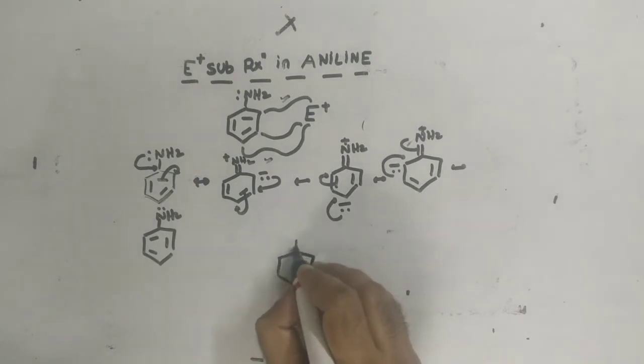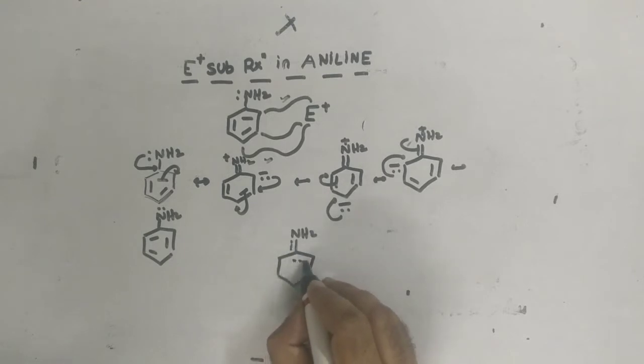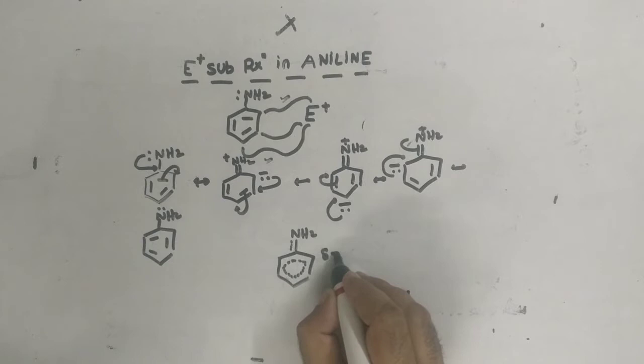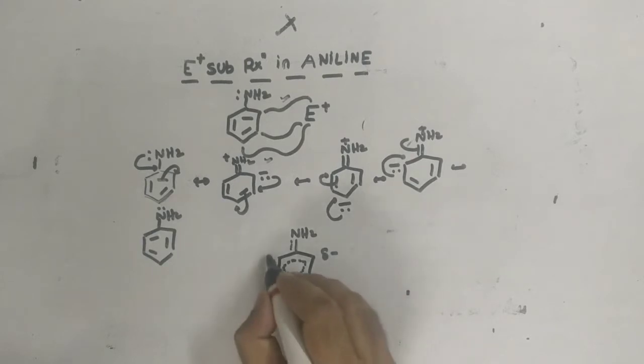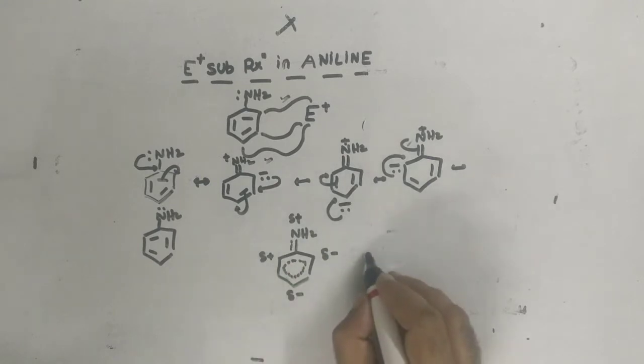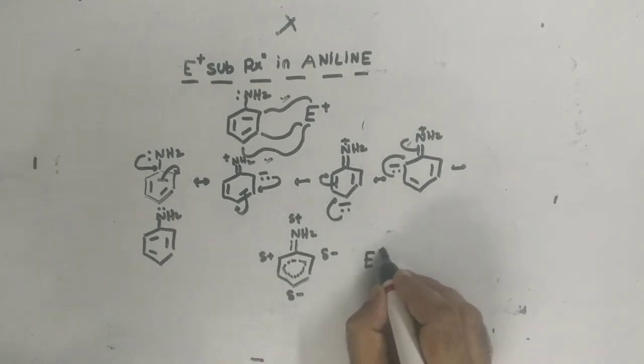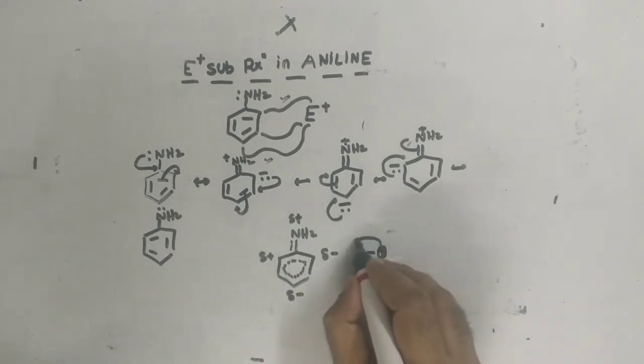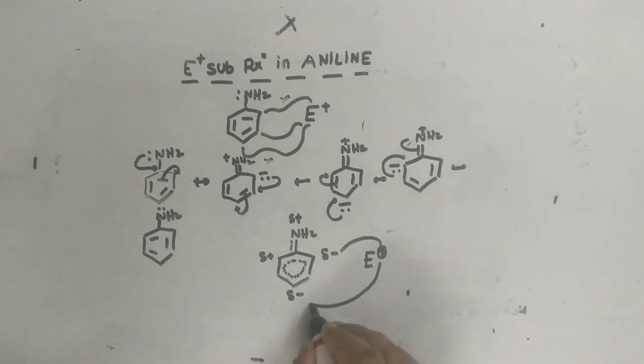All the bonds involved in the resonance will have a partial double bond, and the ortho and para positions will act as a negative center. Naturally the electrophile will attack where there is a negative charge, because the electrophile is something positive. So in aniline, the electrophile will attack at ortho and para positions.